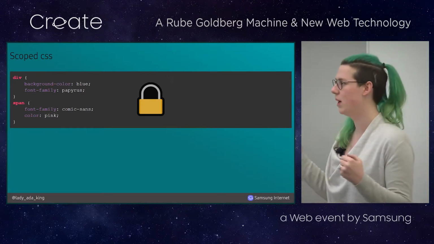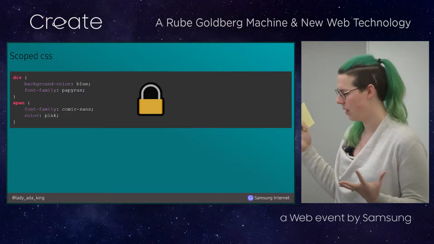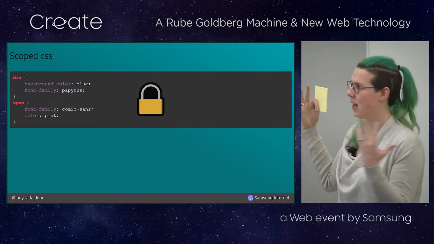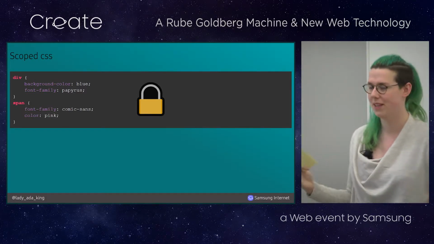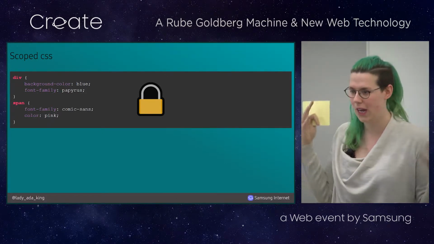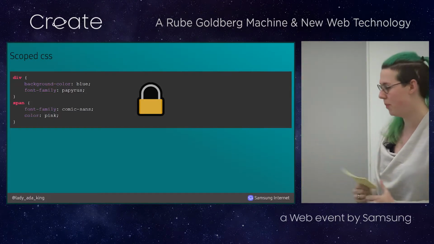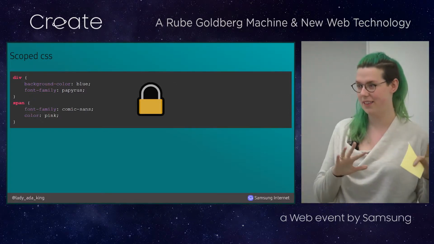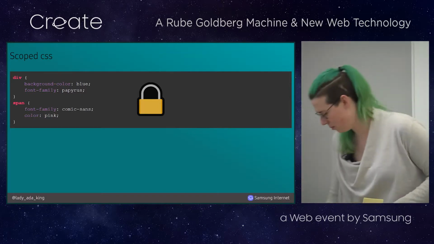So we can have some custom element with some really broad selectors in there, like every div should have a background color blue, or every span should have font family Comic Sans. And this won't affect the rest of the document. So it's all isolated and kept safe, and that's just a really nice property, which is super handy. There is one exception, which I'm going to get to later, and it's actually a really cool exception, so it's pretty awesome.